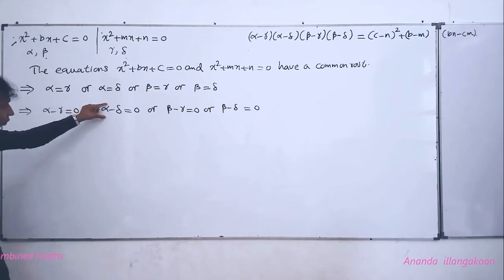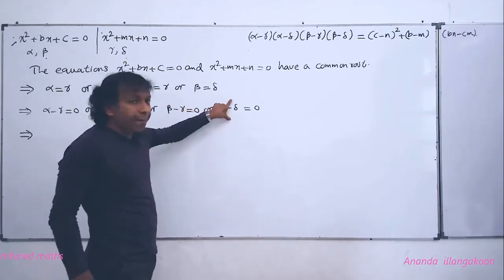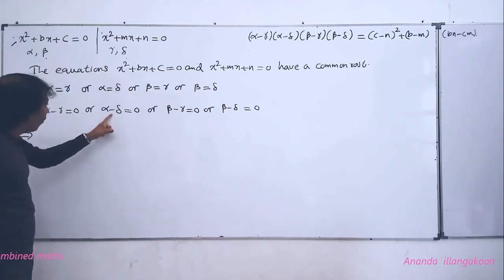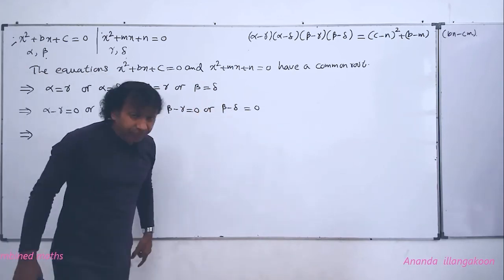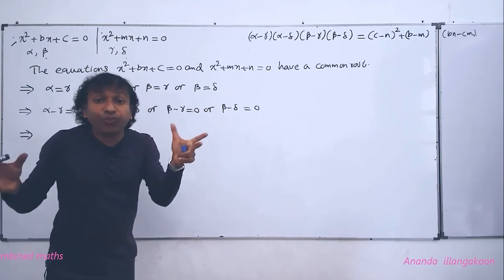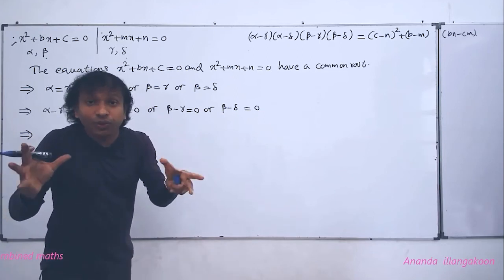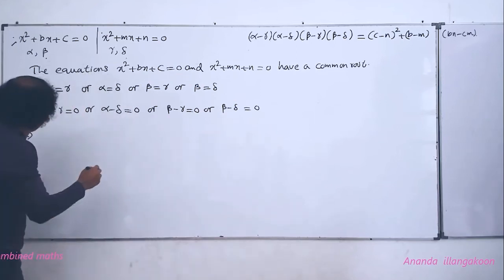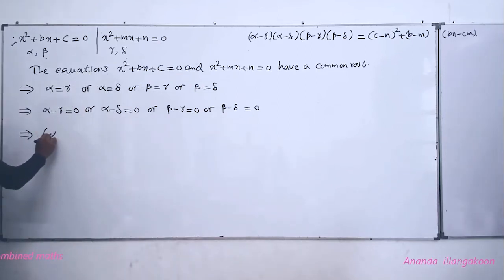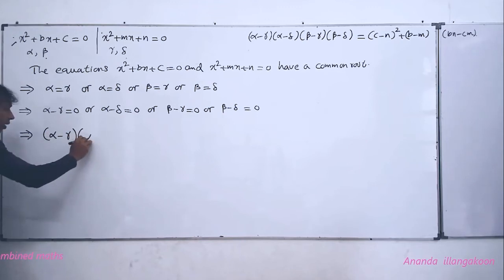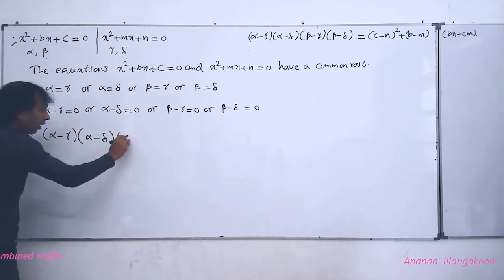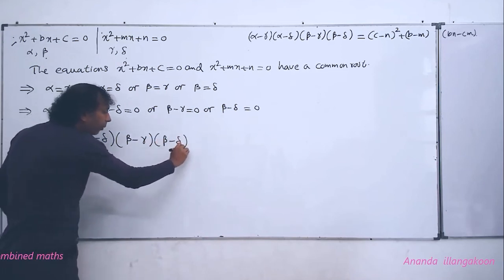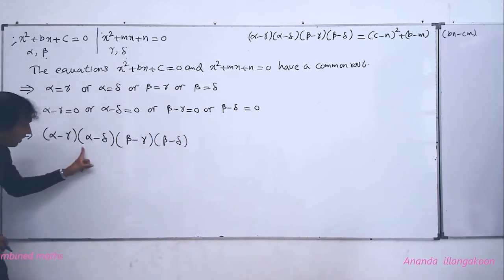One of these 4 should be 0. If one of these 4 is 0, what can you say when we multiply them together? This implies alpha minus gamma multiplied by alpha minus delta multiplied by beta minus gamma multiplied by beta minus delta. People, this product we consider.